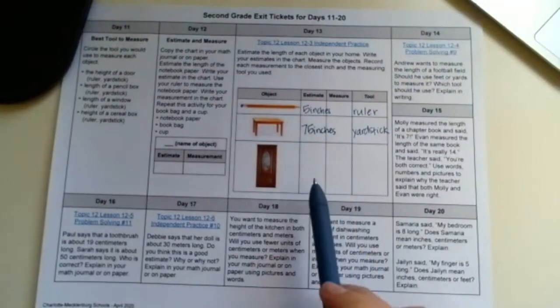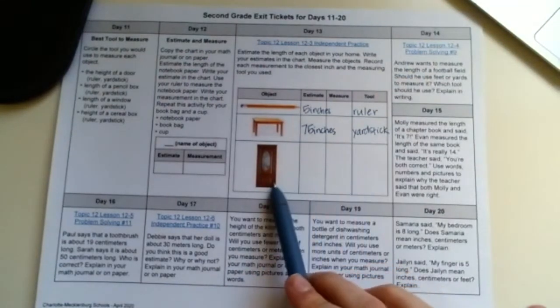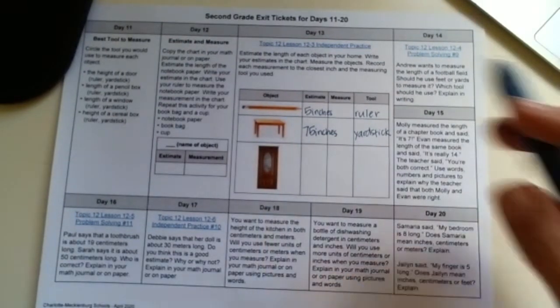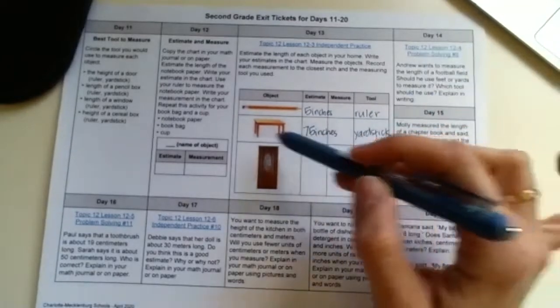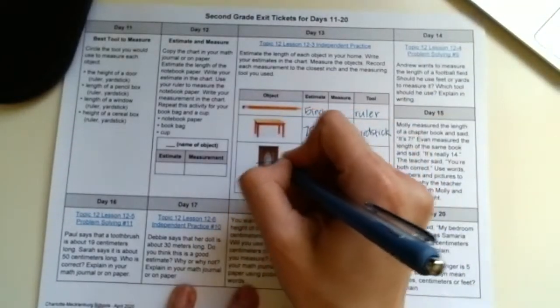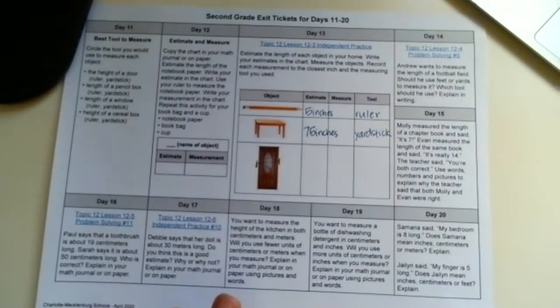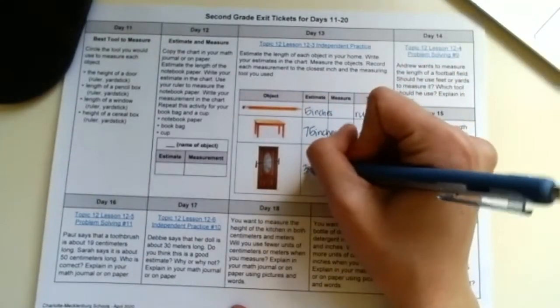And my third object is my front door. My front door is pretty wide, but not as wide as my table. So I'm going to measure from here to here on my front door, and I would say that the width of my door is about 30 inches.